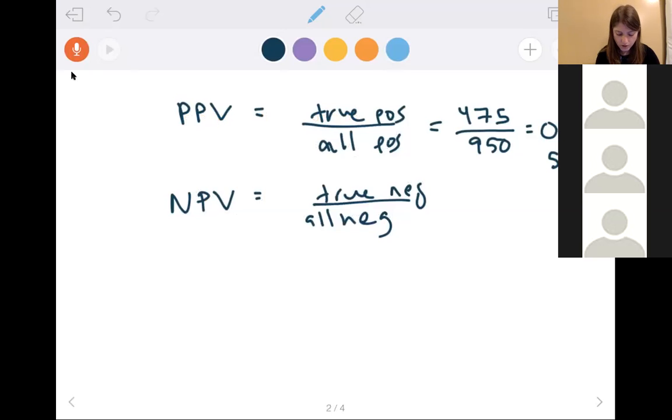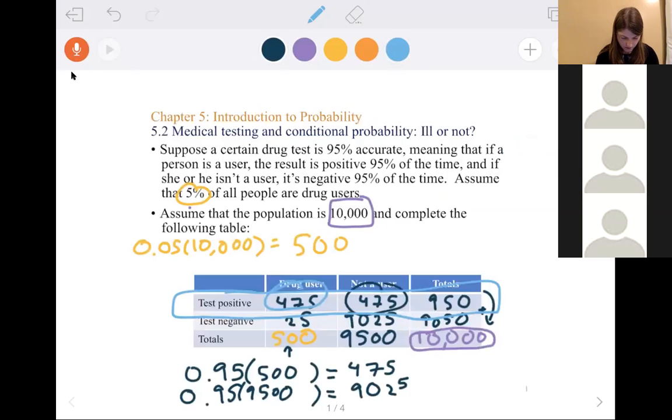Then take a look at your NPV. Your true negatives, let's take a look back, over all of your negatives. I'm just going to look at our negative row. We have 9,050 negatives. And if we looked at those, the true negatives, we have 9,025.